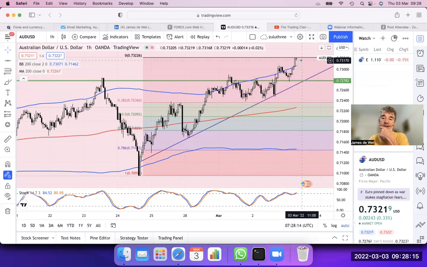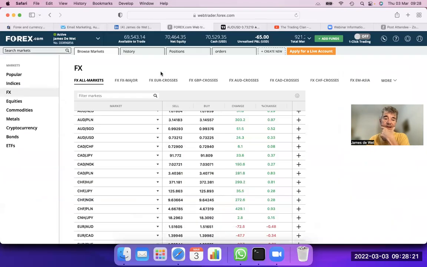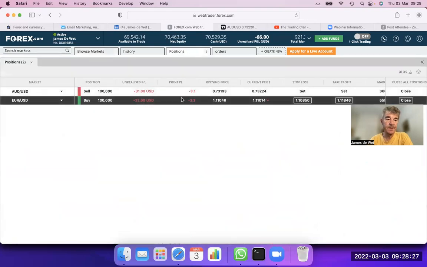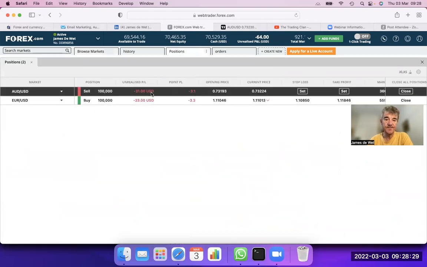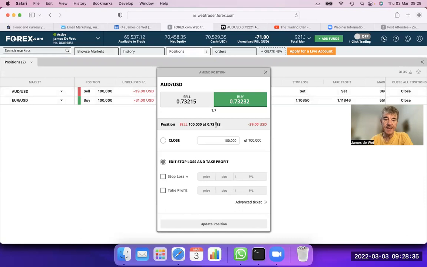So let's go back to our trading station. And what we want to do is go to our open positions. And there's the Australian dollar. And I think I'm just going to go for a 30 pip stop loss.